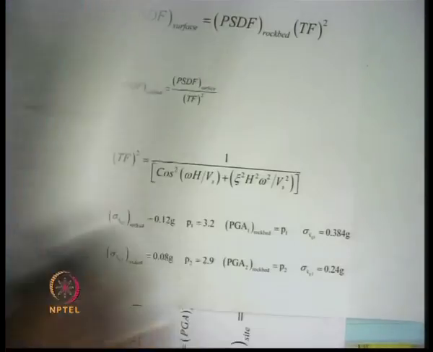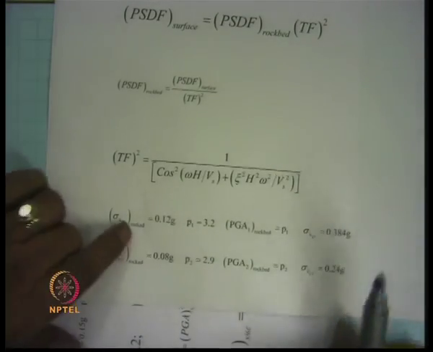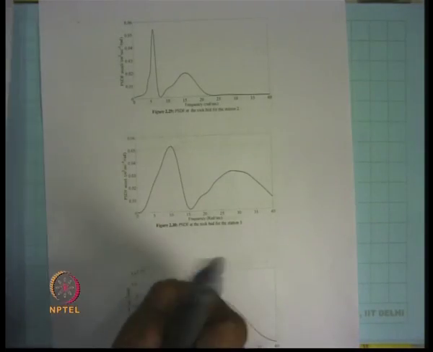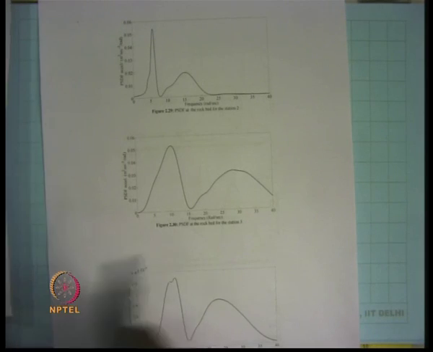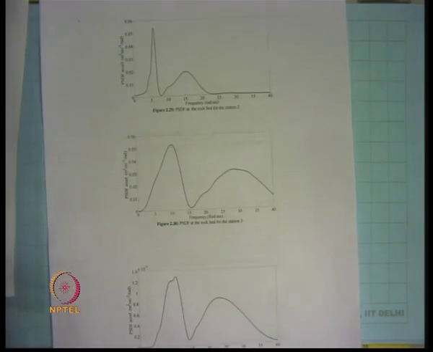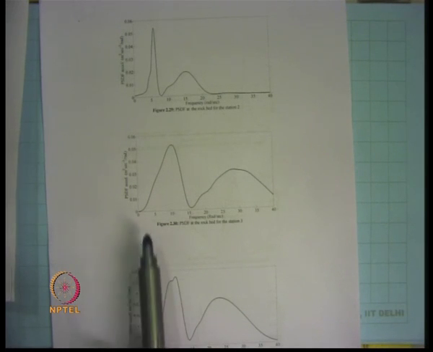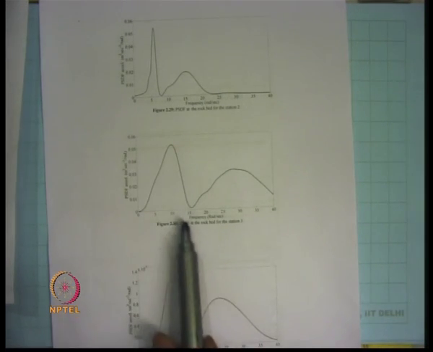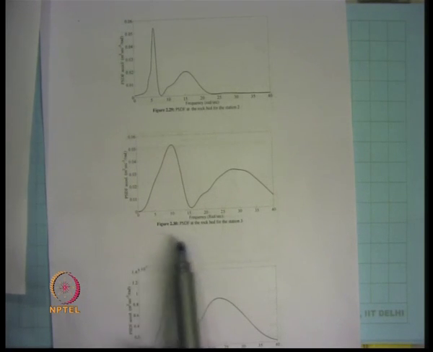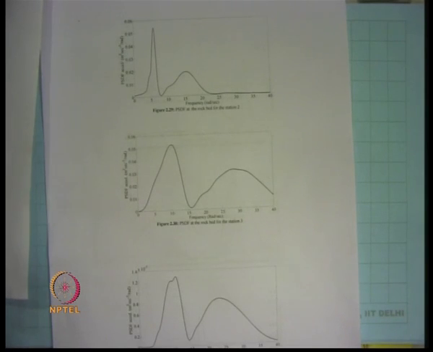Similarly, the power spectral density function at the rock bed level for site 2 is given over here, and the power spectral density function of the ground acceleration at the rock bed level at site 3 is shown over here.